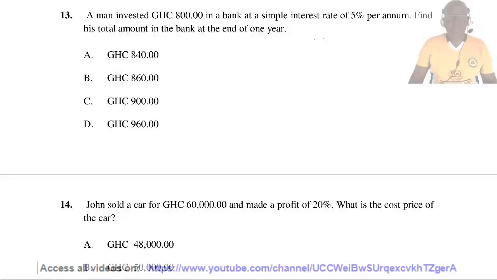Question 13. A man invested 800 Ghana cedis in a bank at a simple interest of 5% per annum. Find his total amount in the bank at the end of 1 year. We know that the interest I equals the principal times the time times the rate. The principal is 800, the time is 1 year, and the rate is 5/100.